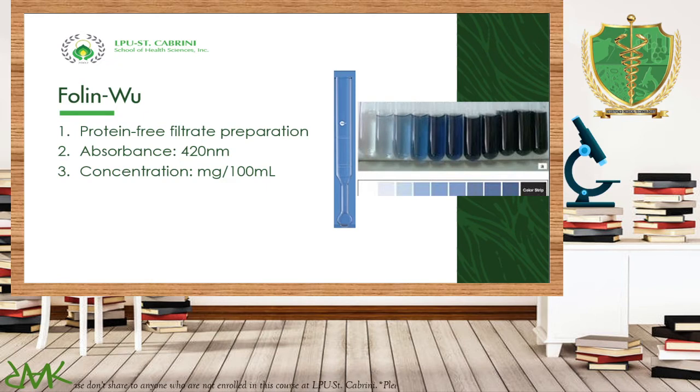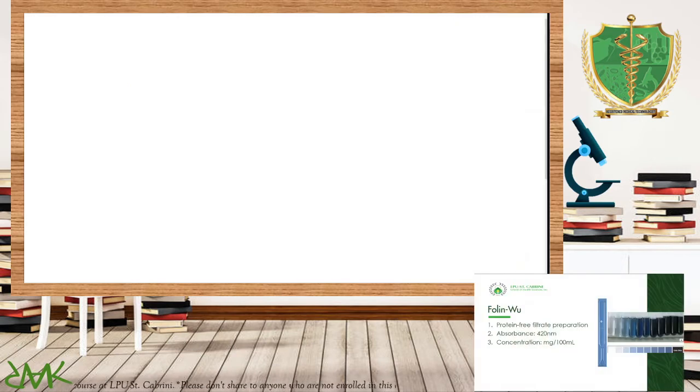So the question is, how are we going to have our protein-free plasma or protein-free filtrate preparation? I will share with you how we are going to prepare our protein-free filtrate for our Folin-Wu.